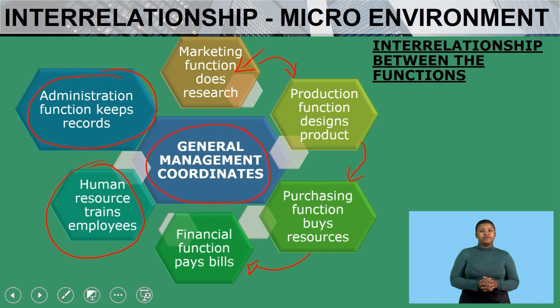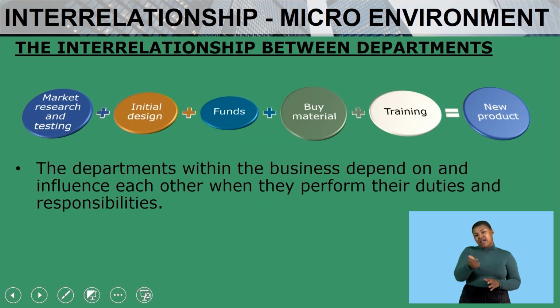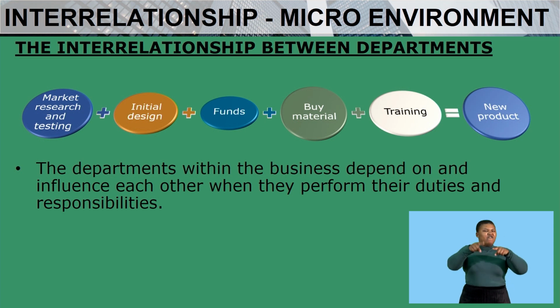So if we look then at another example of the interrelationship between the departments of a business. Now remember, a business can have different departments, and most of the time these departments are connected to a relative business function.